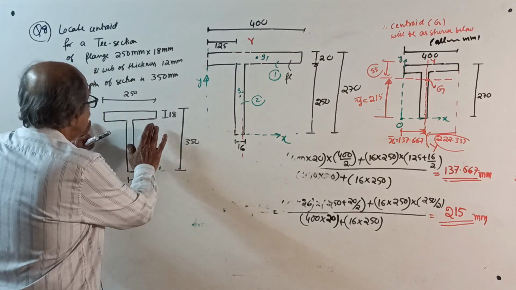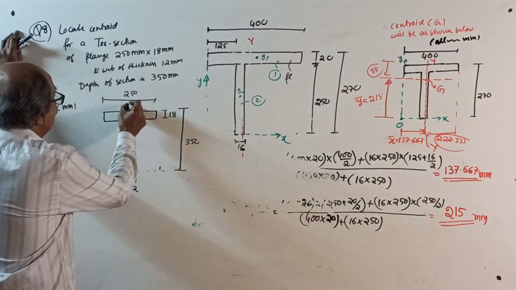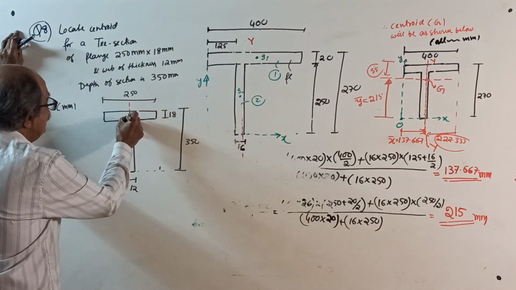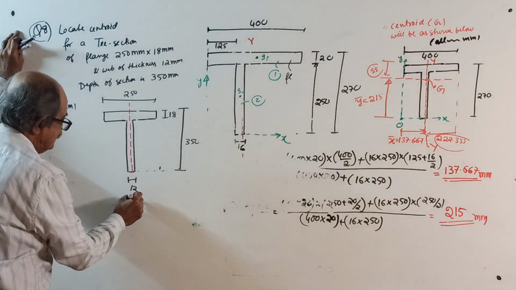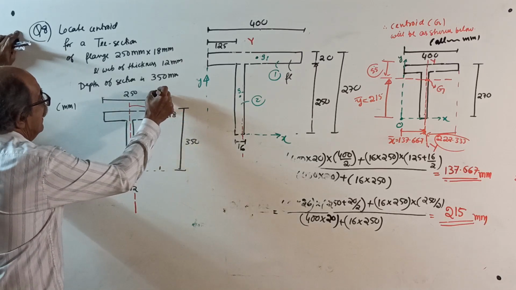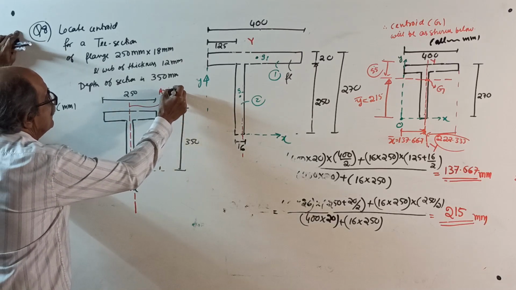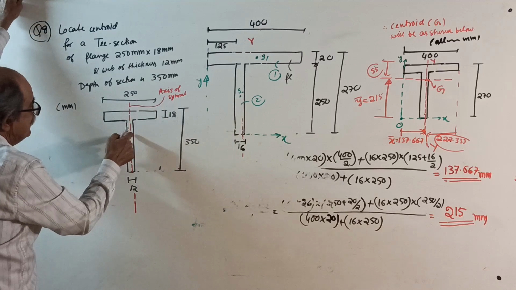Therefore, this is symmetrical about an axis. So right here only, see, this is axis of symmetry. Don't waste time. See, this is your axis of symmetry. And centroid lies there.